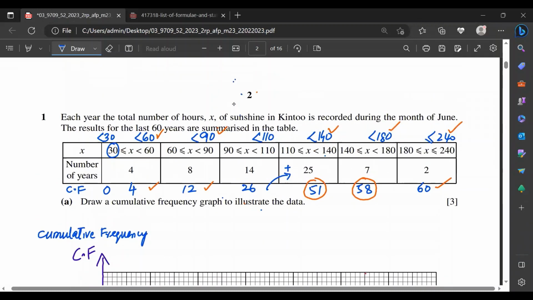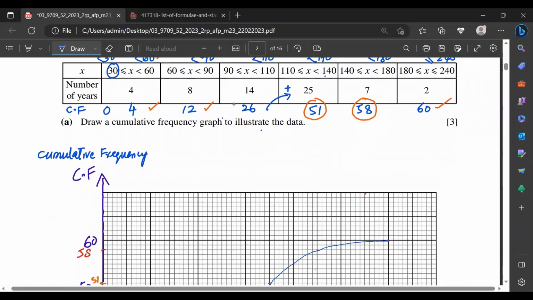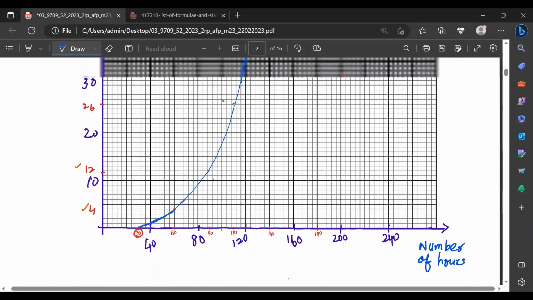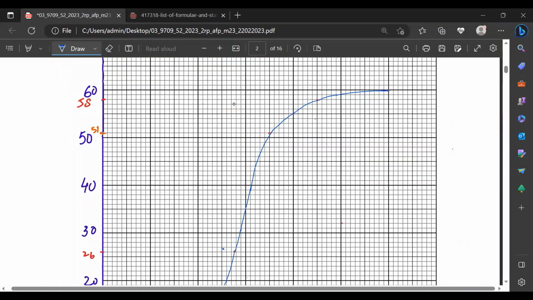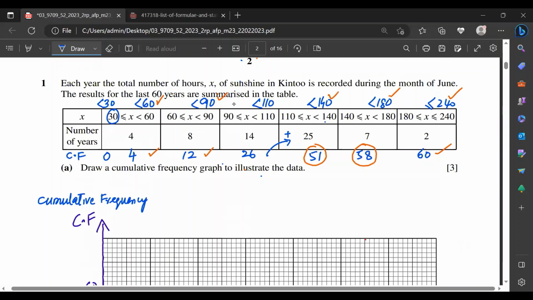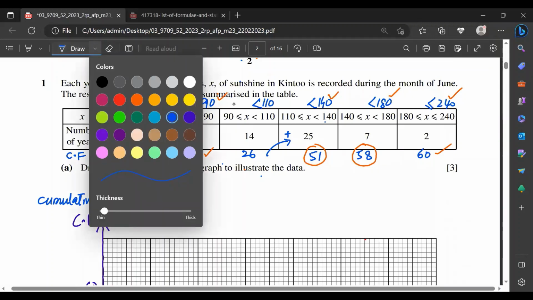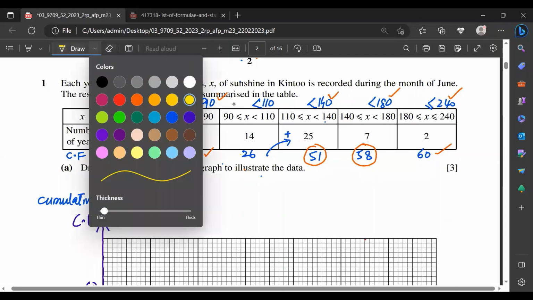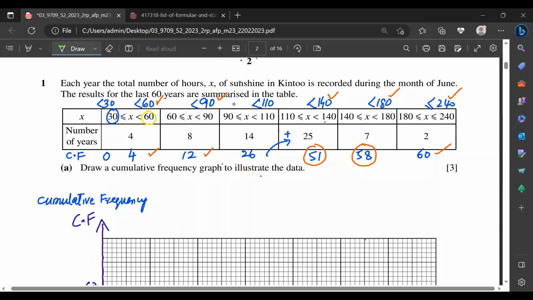Simple. Keep in mind that cumulative frequency is on the vertical axis and the number of hours on the horizontal axis. In this way, we plot the points, and the basic thing is cumulative frequency against upper class boundaries. So you need to identify the upper class boundaries, which were 60, then 90, 110, and 140.